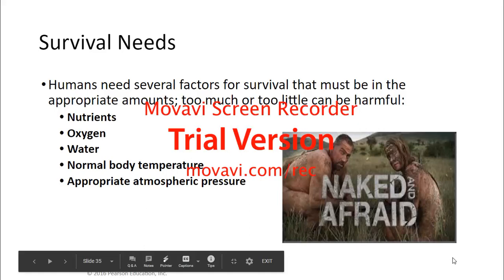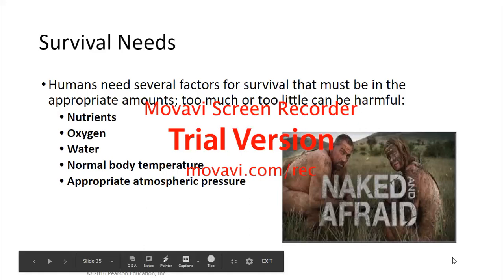We need the water environment for chemical reactions to take place. Normal body temperature. So again, it's going to affect chemical reaction rates. I talked about how proteins can get denatured, but it can also affect the speed of chemical reactions. So that's also very important.